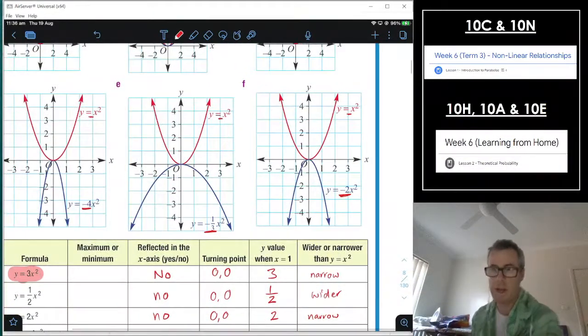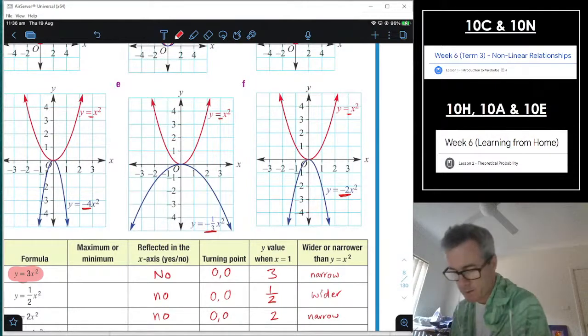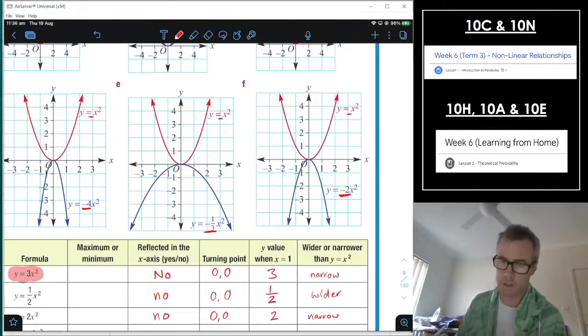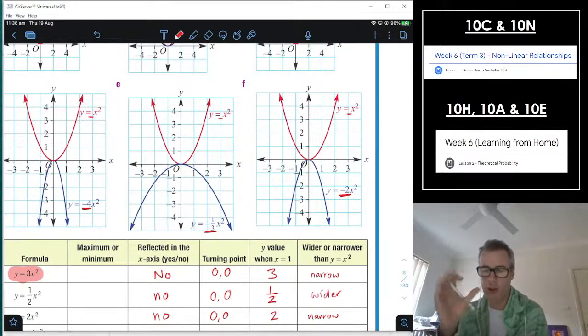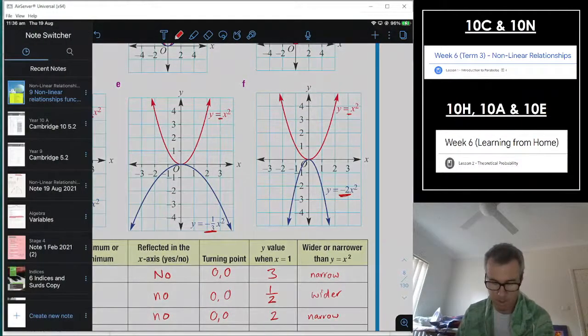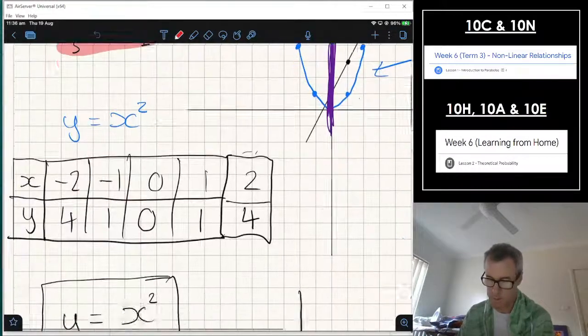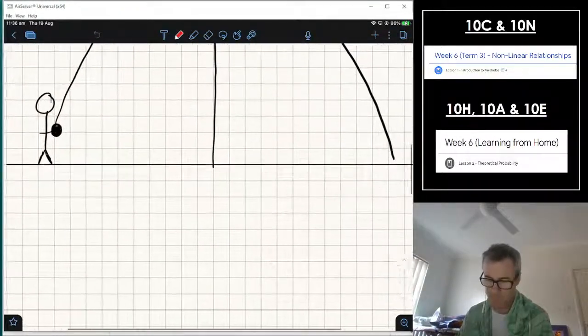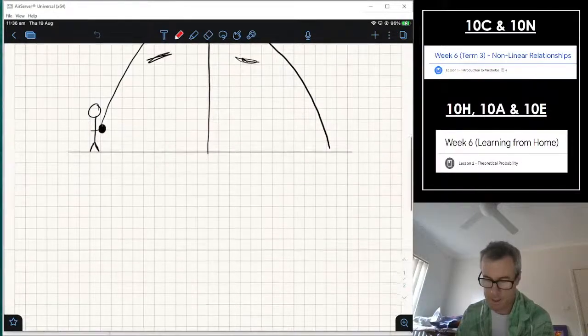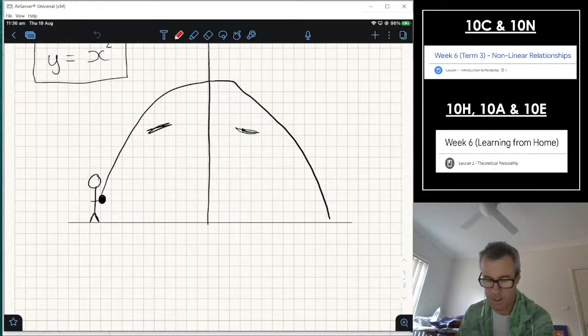They're just talking about how whatever number you put in front as your coefficient changes how narrow or wide your parabola is. It's akin to my explanation of the throw. Let's say this throw represented y is equal to x squared.